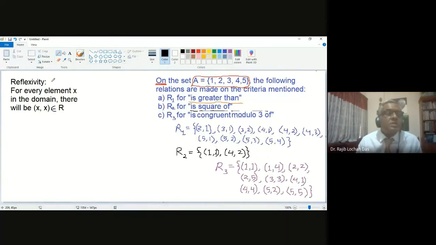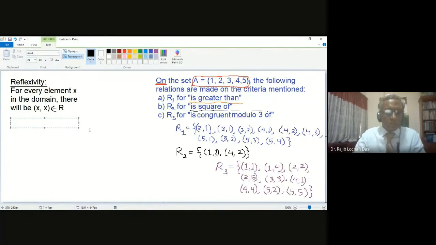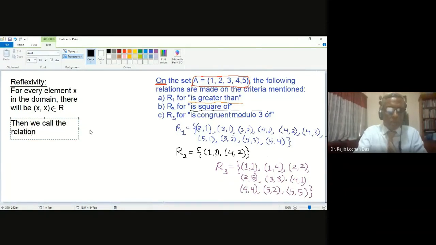If this condition happens, then we call the relation R reflexive.